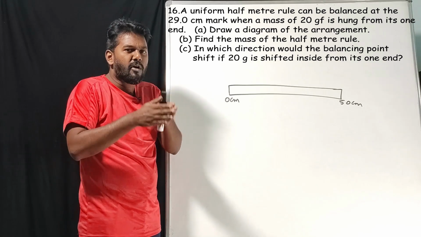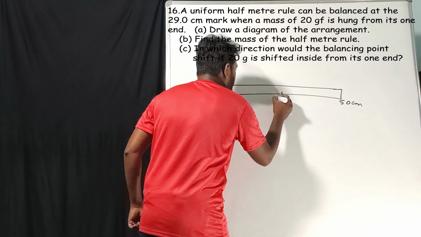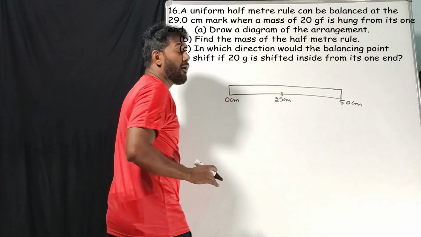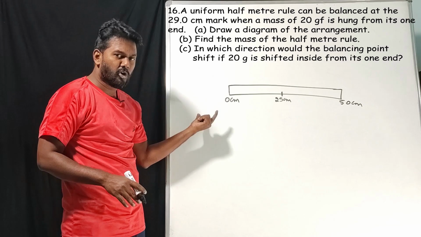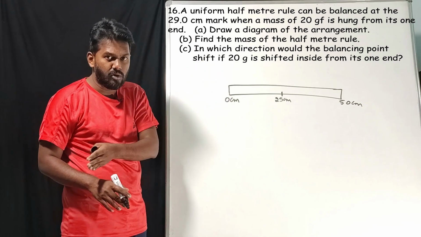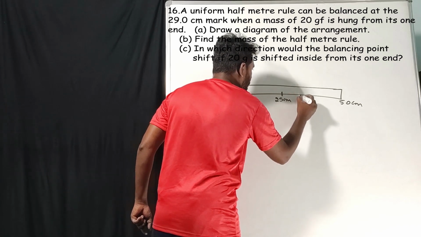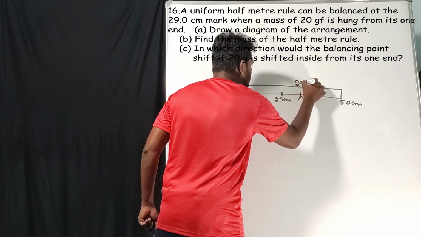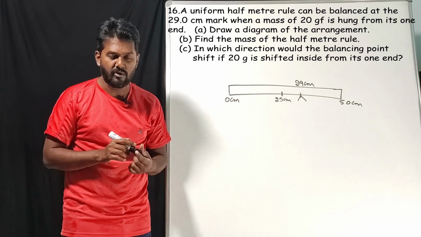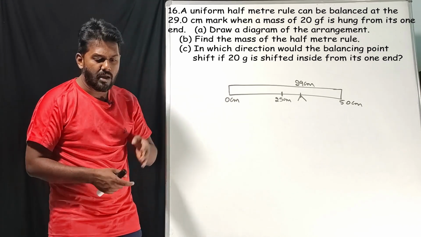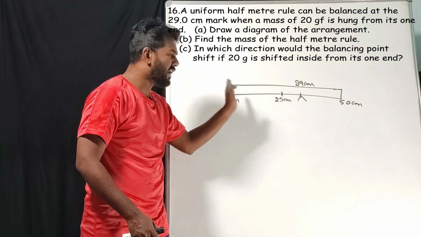If it is a uniform half meter scale, it can easily be balanced at 25 centimeter without any load, but they are telling us that even though it is a uniform half meter rule, it is balancing at 29, with a load of 20 gf. Now, they are not telling us where to place the 20 gf, either this side or that side.